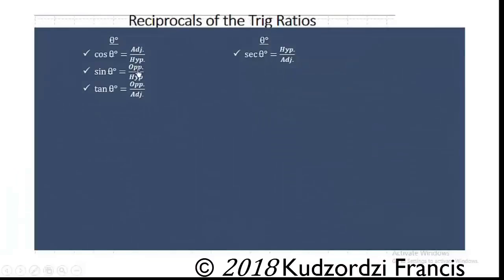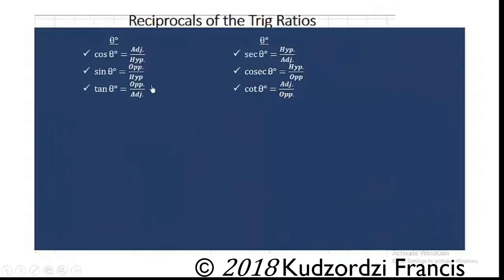Then the reciprocal of another, which is the hypotenuse over the opposite, is called the cosecant, or for short cosec, of the angle. Then the cotangent is the reciprocal of the tangent.